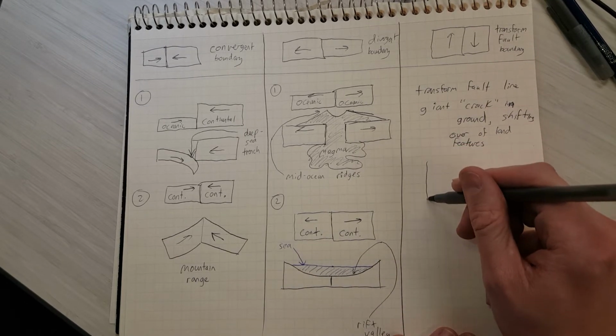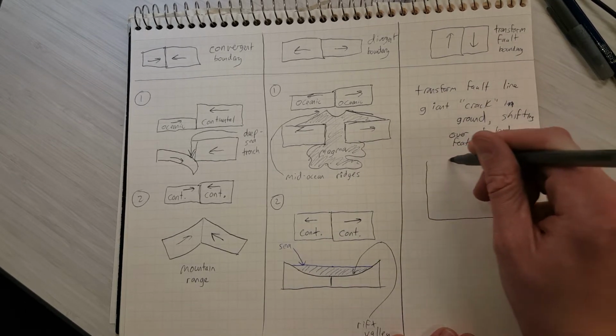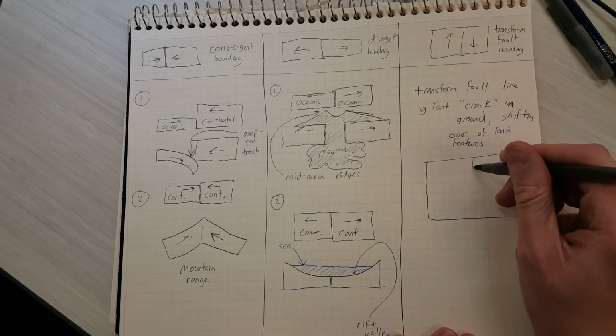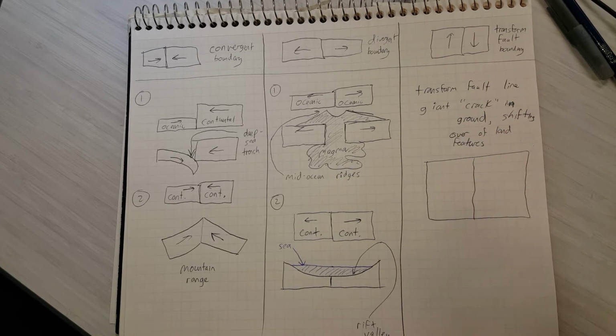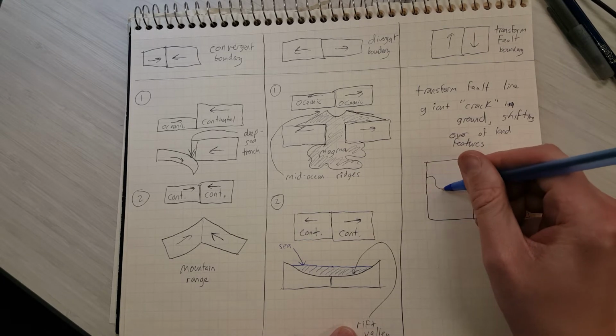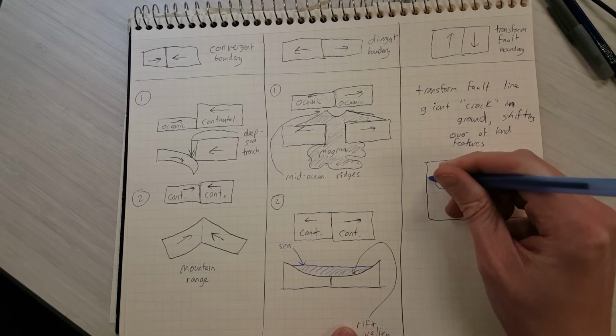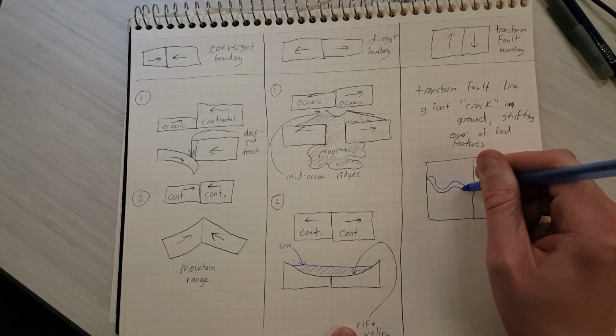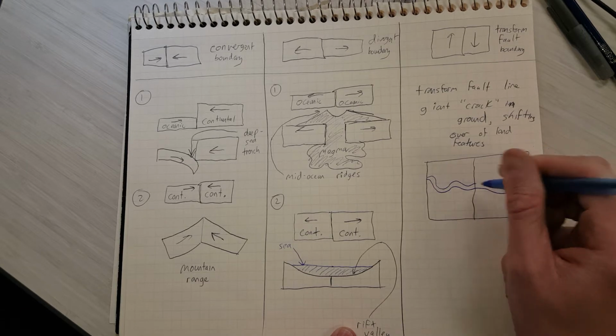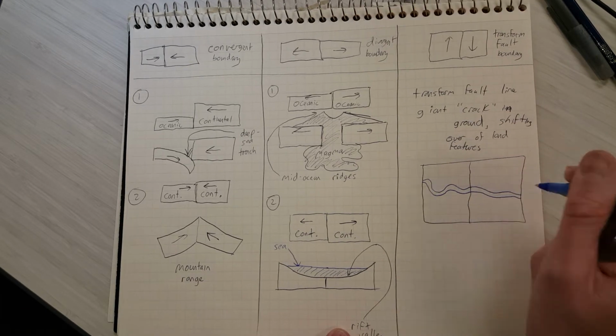So if we imagine this is a top-down view now, and here's a transform fault type boundary. We could have, say, a river wiggling its way through, and it crosses over that transform fault boundary.